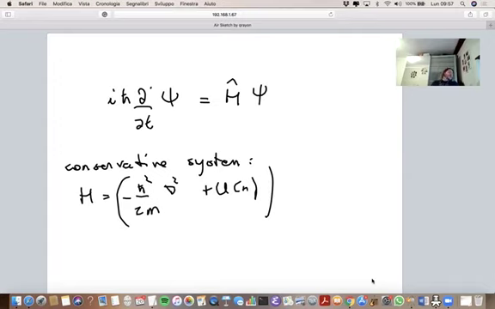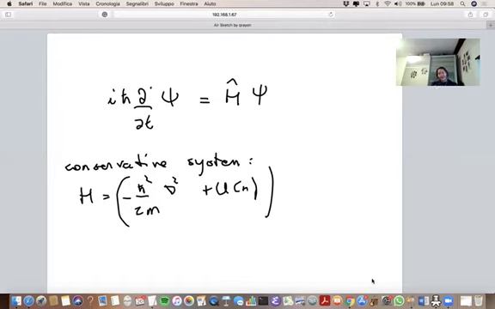But one possibility is, of course, the constant. If the function psi doesn't depend on time, then any time I take the time derivative of that, I get 0. But that means that the energy is always 0, and this is not a general situation, right? So that's probably not what I'm looking for.